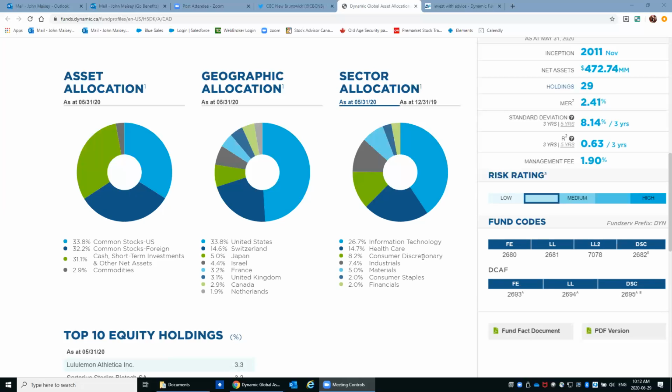Consumer discretionaries, that tends to be more electronics driven, things that you tend to buy once in a while, like a new television, that type of thing. Industrials, a lot of manufacturing materials, consumer staples, things that people use every day, and then financials. So this particular manager here doesn't have a high regard of financials because he's got very little of them.